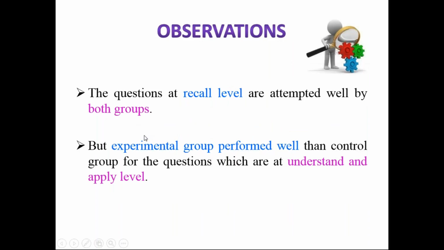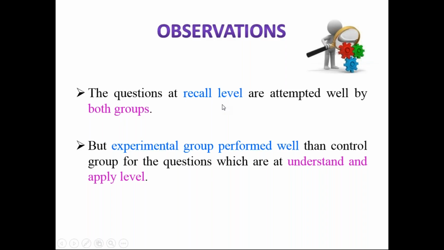So I went through some papers and I had the observation that questions at recall level are attempted well by both the groups, the control group as well as the experimental group. Here I'll repeat again, control group is the group which underwent traditional teaching. Experimental group is the one which underwent the flipped classroom.